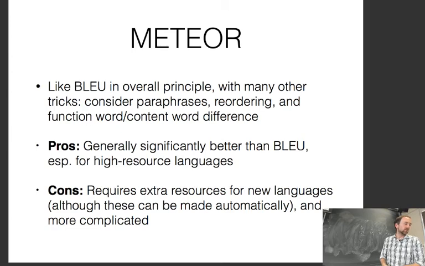The cons are that it requires extra resources for new languages, and it's a bit more complicated. Another pro that I didn't write on the slide, it was made at CMU, so hey, there's a pro. Alon Lavie, who was one of the inventors, is now at Amazon, but he comes here occasionally.